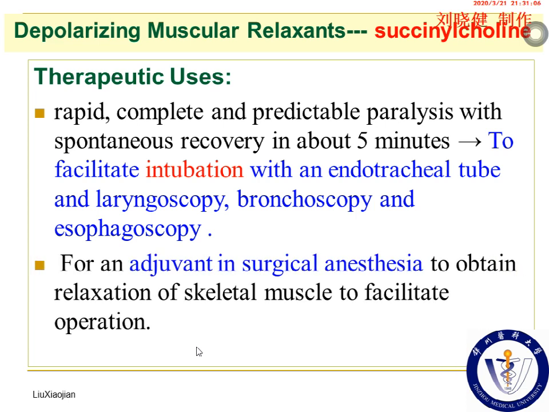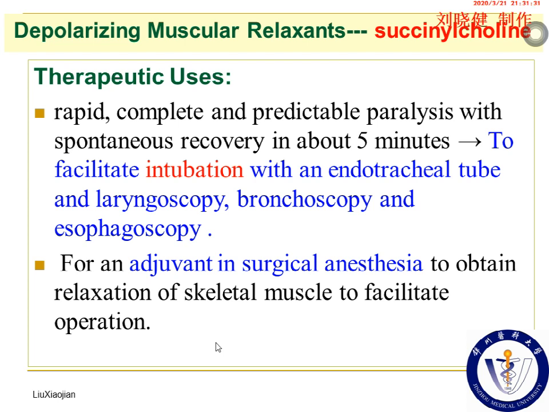Because of rapid, complete, and predictable paralysis with a spontaneous recovery in about 5 minutes, once this drug is administered, its action on site is very fast, within 1 minute is enough, and then it is metabolized by pseudocholinesterase very rapidly.